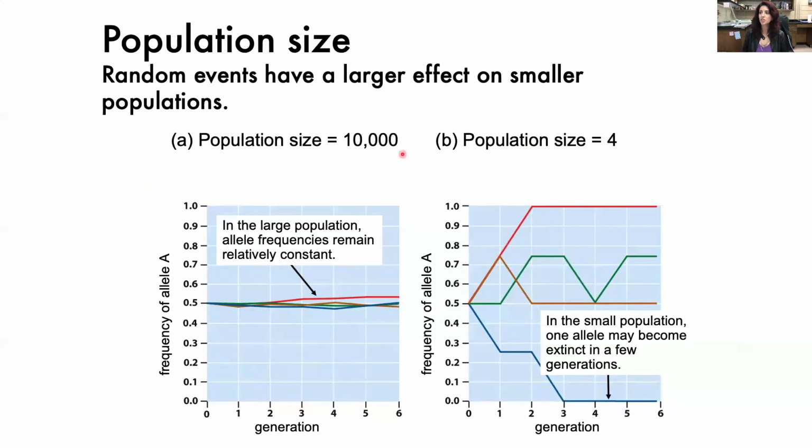If our population size is 10,000 individuals, the allele frequencies are going to remain constant, okay, no matter where we look across different populations. But if we go with a population of size 4 individuals, that small population means that one allele may become extinct within just a few generations. You'll have rapid, drastic changes just because the population size is so extremely small.